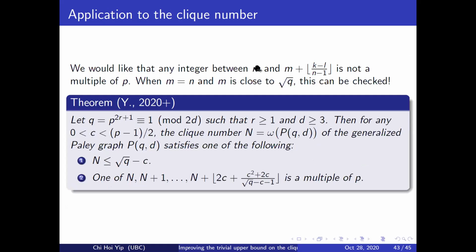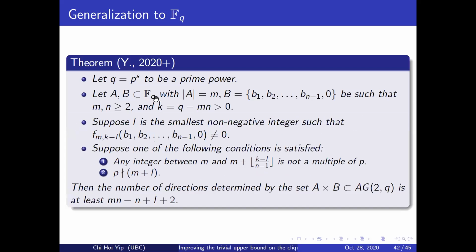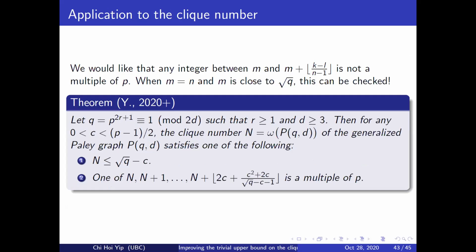Okay, so we can apply this theorem in the case that m equals n and m is close to root q to get this result. So again, we take A and B to be the maximum clique of the generalized Paley graph. So we have m equals n, and we know that the trivial upper bound is root q. So we can safely assume that m is close to root q, so this condition can be satisfied.